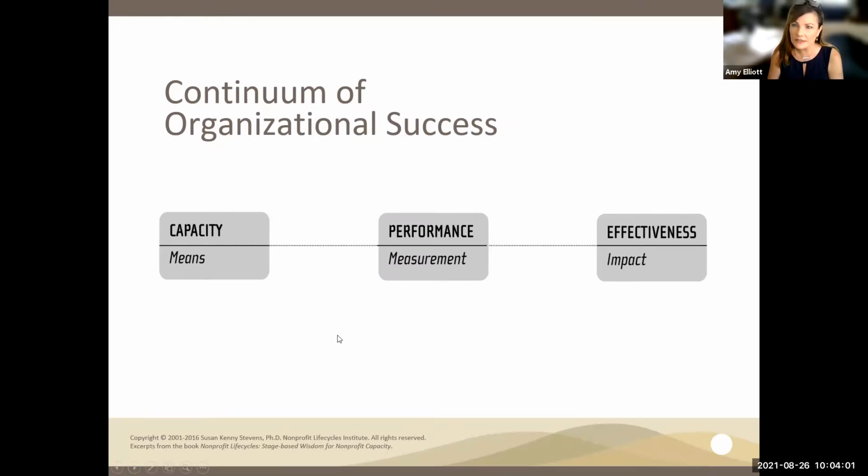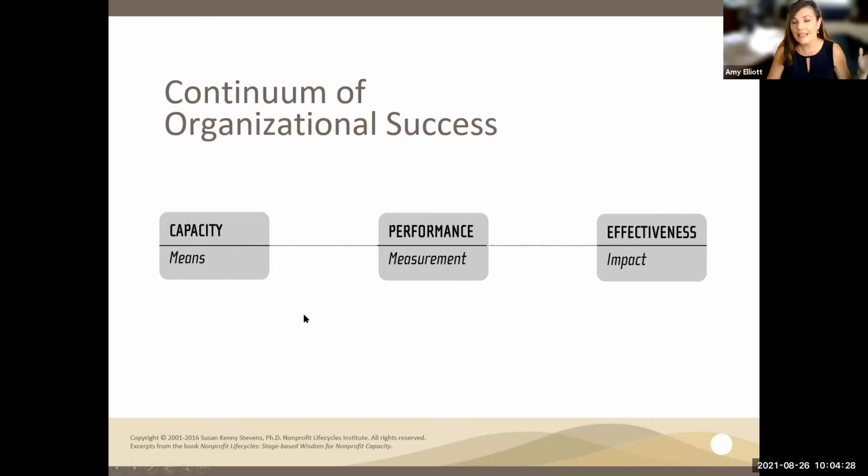This is my least favorite slide. I feel like by the time we get here, it's so crystal clear, it's kind of obvious. But the capacity is you want to have the means to do the performance, which you'll measure, and then you'll be effective and you'll be able to demonstrate impact, right?